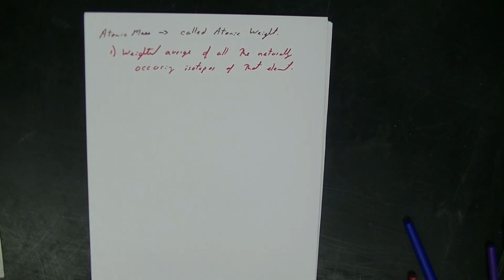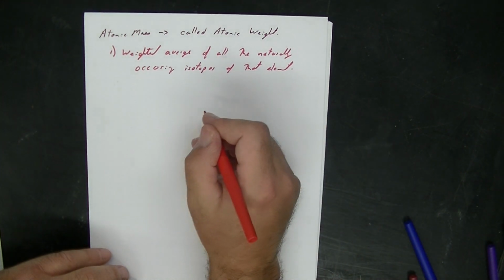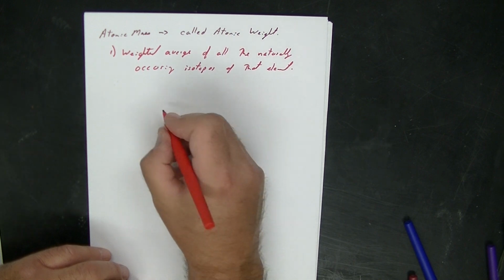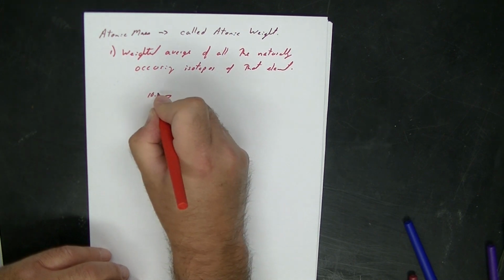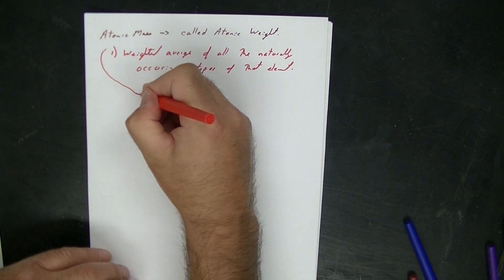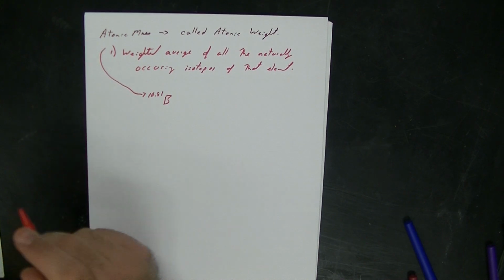So if you look at your periodic table, okay, let's go back to boron. This is the atomic mass. It's a weighted average of all the naturally occurring isotopes of boron.